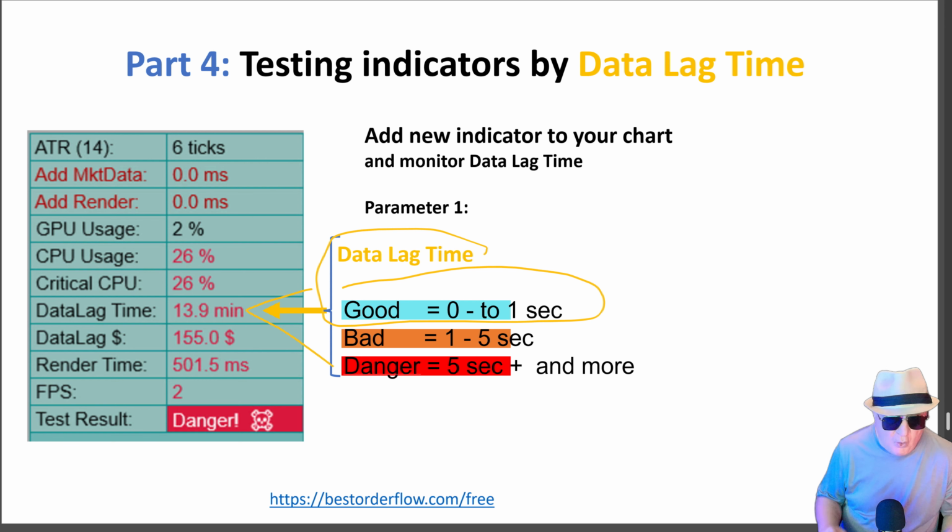But when it turns over 1 second, then it's dangerous territory. It's going to show in the orange color, and that means if the ATR jumps a little bit higher, then we will probably get our charts completely frozen.